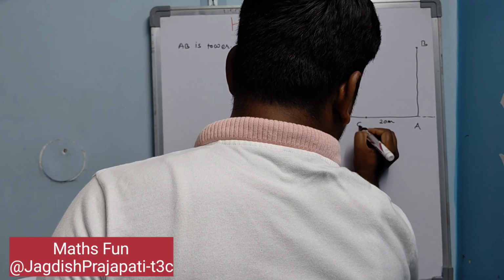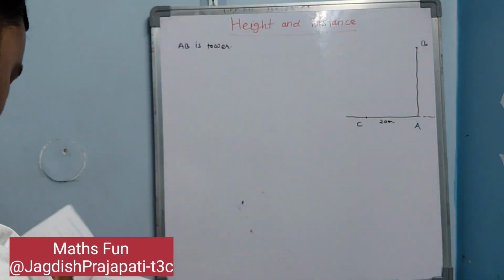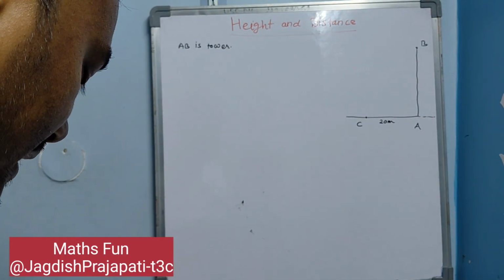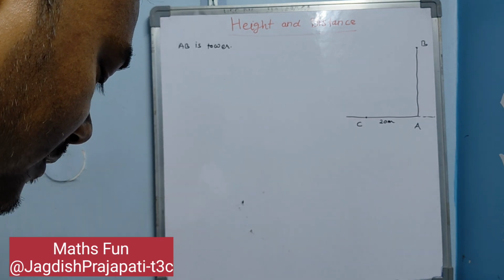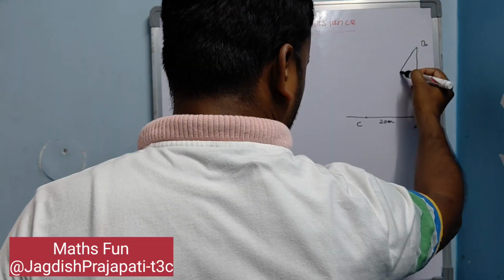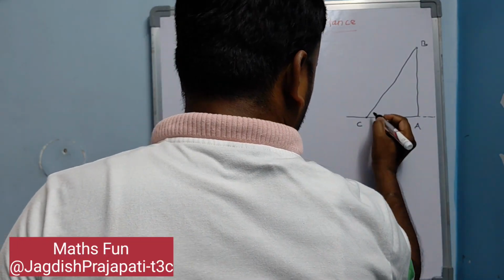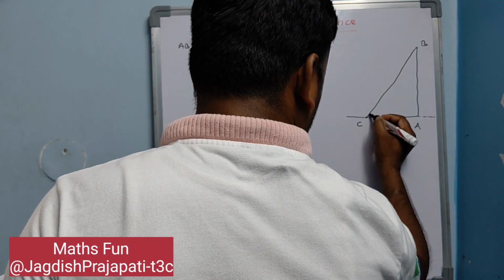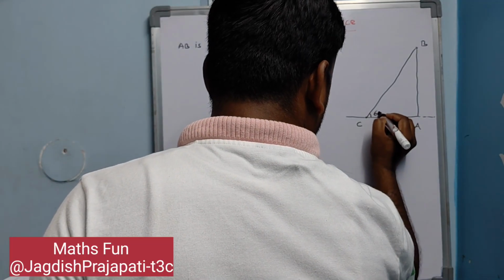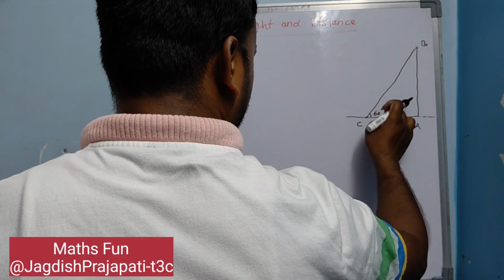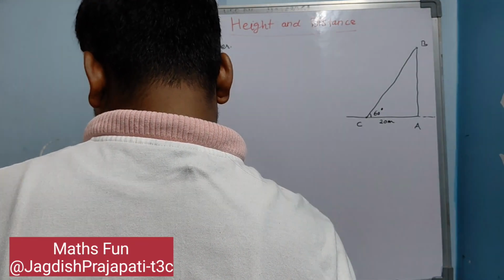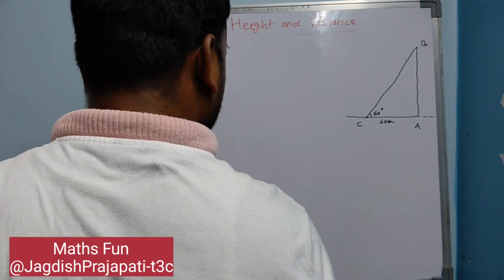Let's say this is the point C. From 20 meter away from the foot of the tower, the angle of elevation of the top of the tower is 60 degree. If you draw this line, this will be the angle of elevation and this is 60 degree. So what is the height of the tower?